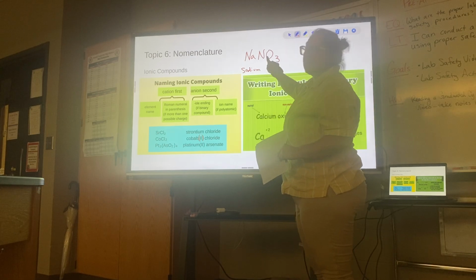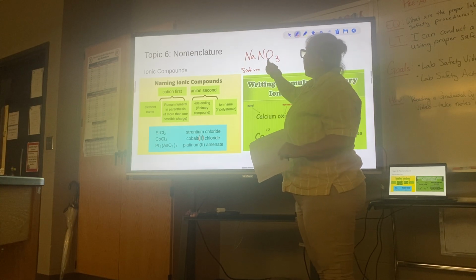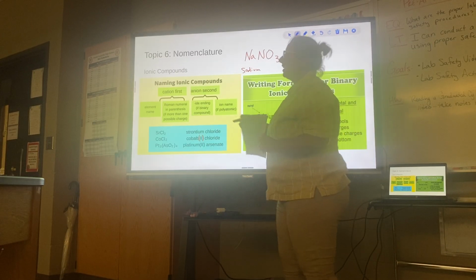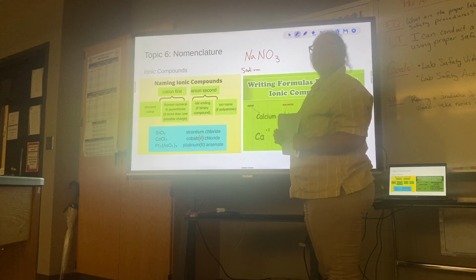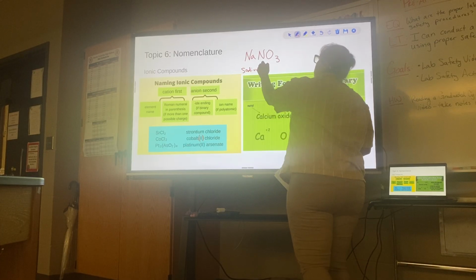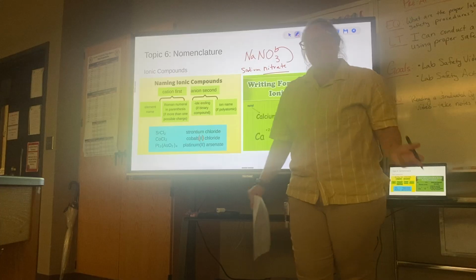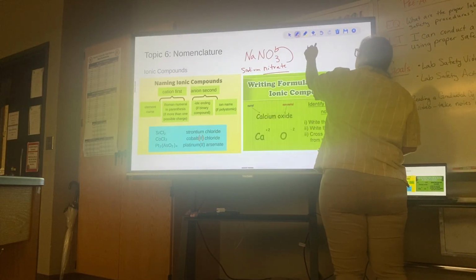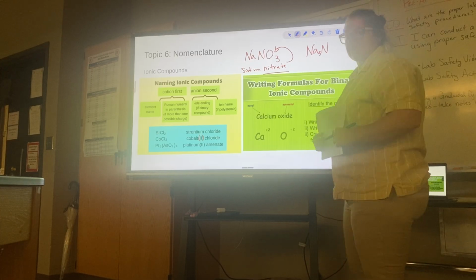So now we give the name of the anion. This anion is not just a single element, it's a polyatomic ion. So I'm going to give the name of that polyatomic ion and not change its ending. So this would be sodium nitrate, because that is what that polyatomic ion is called. As opposed to this, Na3N, okay?